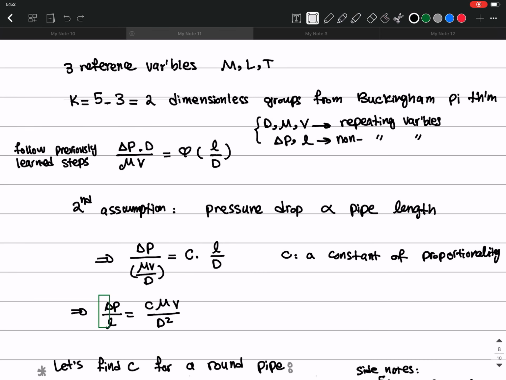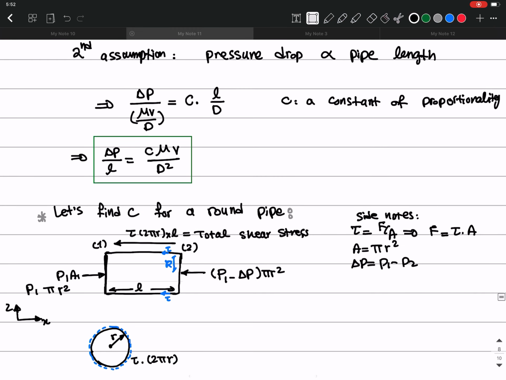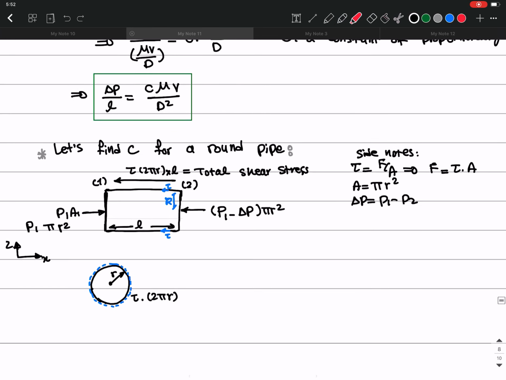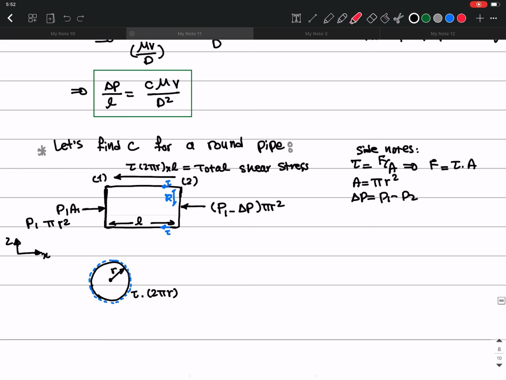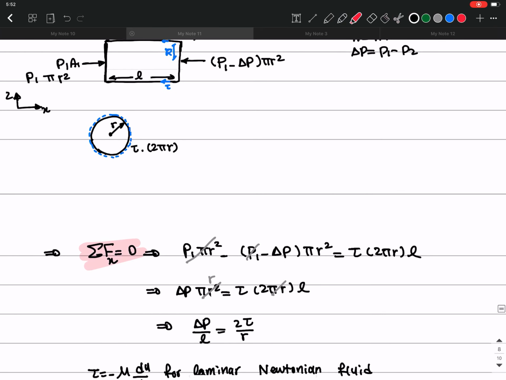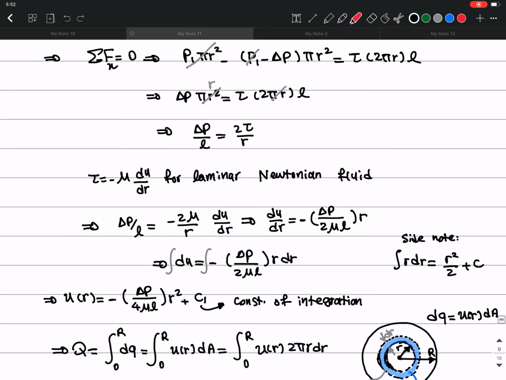Then we had a constant of proportionality, under the assumption that the pressure drop is a function of pipe length. We found the C for a round pipe by using the sum of the forces, which should be 0 because there is no acceleration in the system.